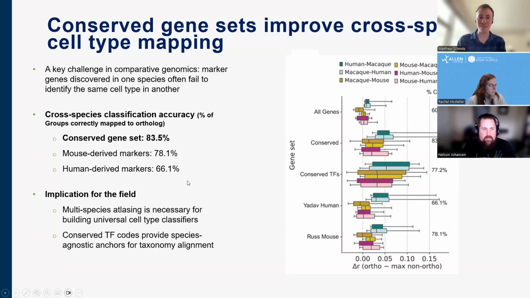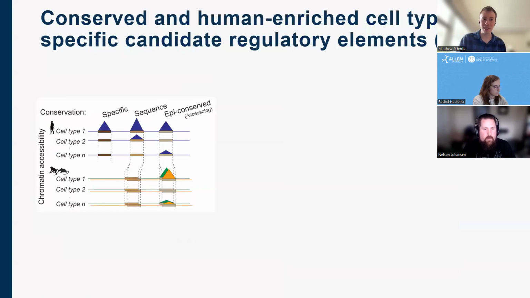By definition, if it's conserved, it should have the same expression profile, which means a classifier can pick it up. So using these conserved gene sets that we find will help our taxonomy across different species, because the conserved genes have the information necessary to do this cross-species mapping of cell types.